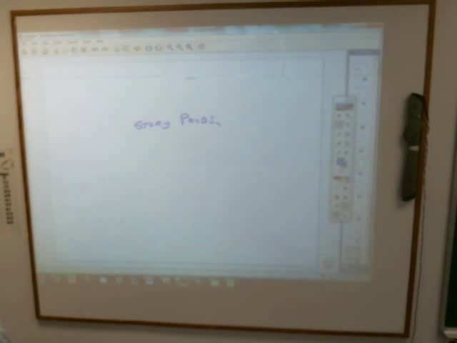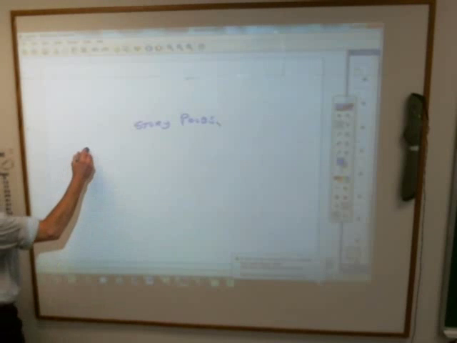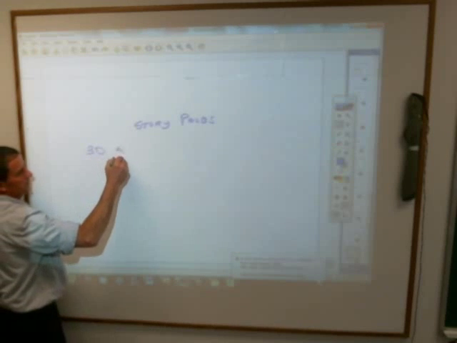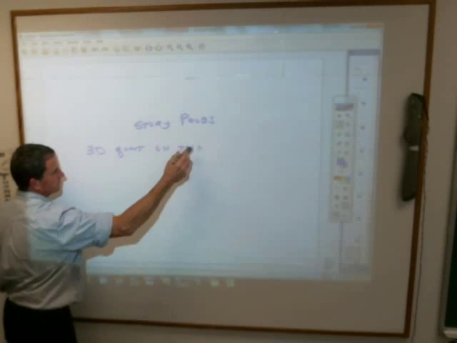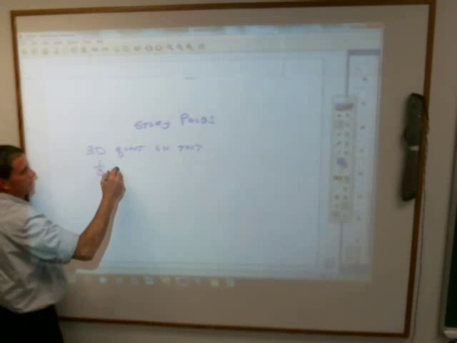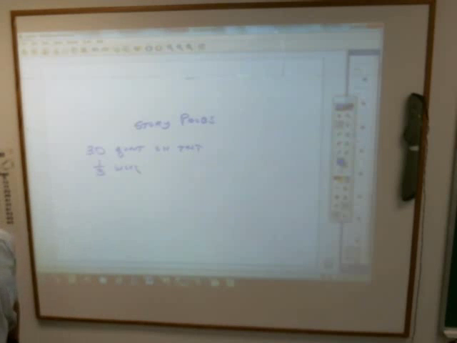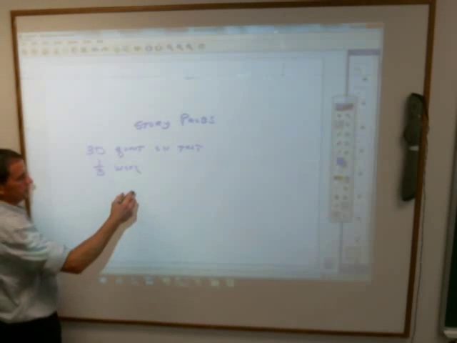Write this problem down. This is still under fractions. There were 30 questions on the test. 1/3 were, what were a third of them? True, false, and 2/5 were multiple choice.